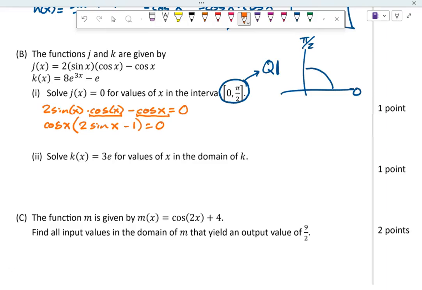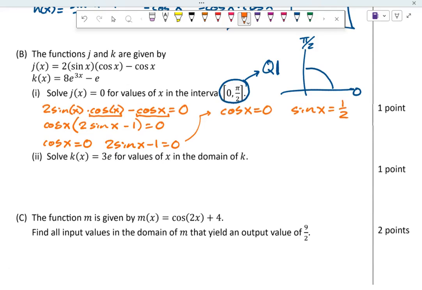So both equal to 0, right? So I have cosine of x equal to 0, and 2 sine x minus 1 equal to 0, which means I'm going to have cosine x equal to 0, and if I solve that, sine x equal to 1/2.